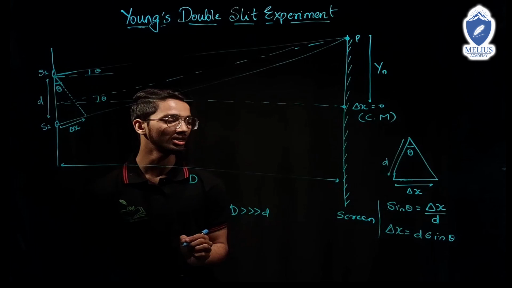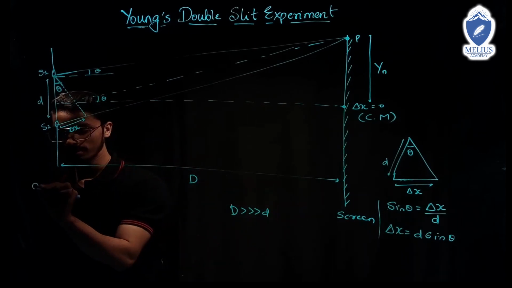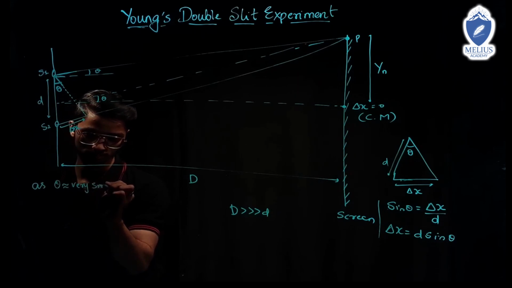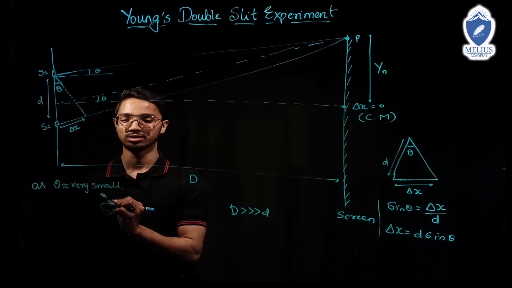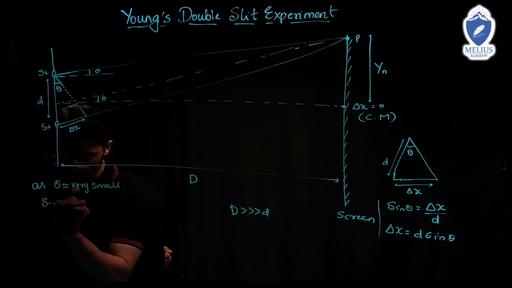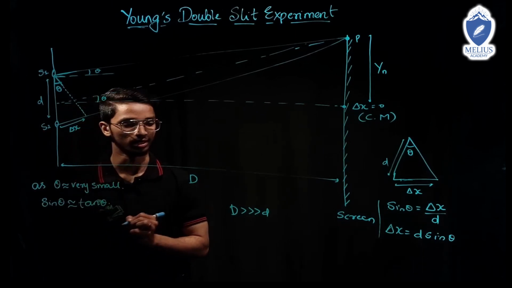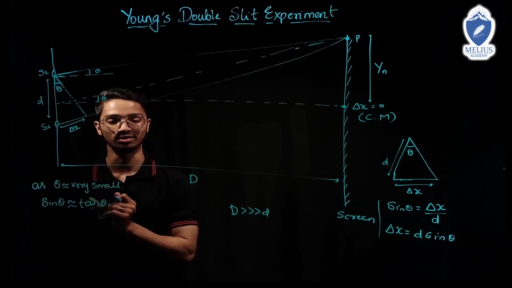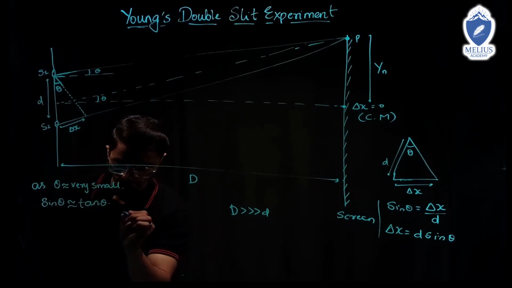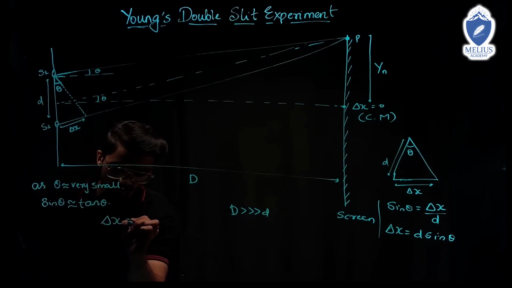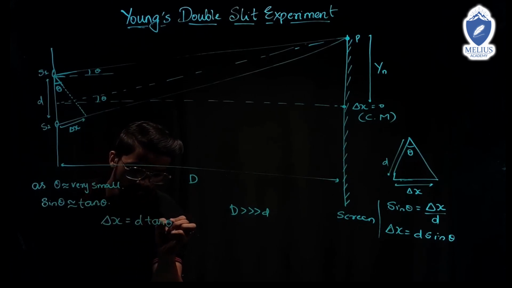As theta is very small, we can write sine theta is equal to tan theta. From here, delta x will be equal to d tan theta.